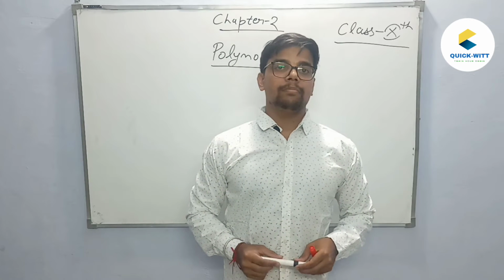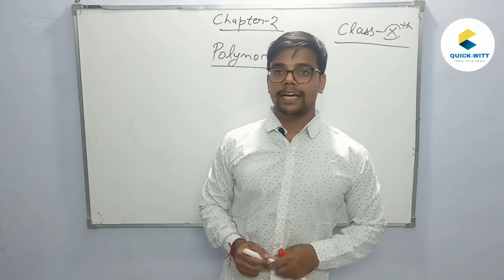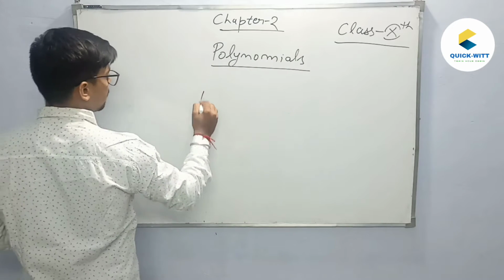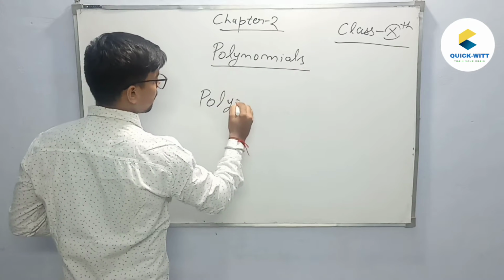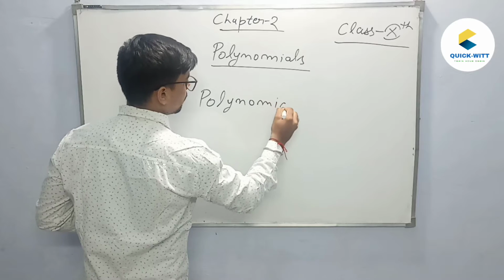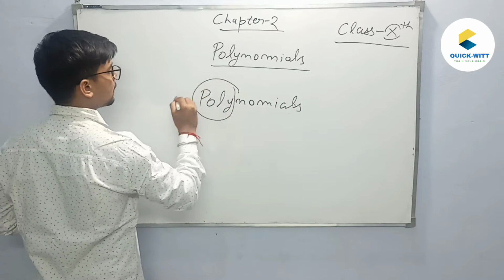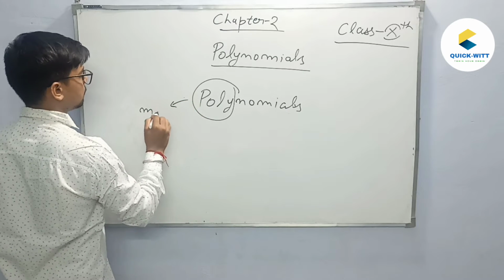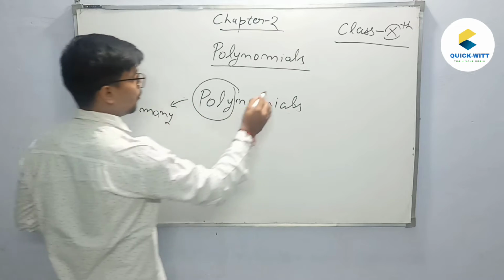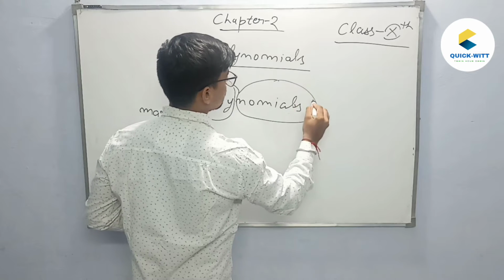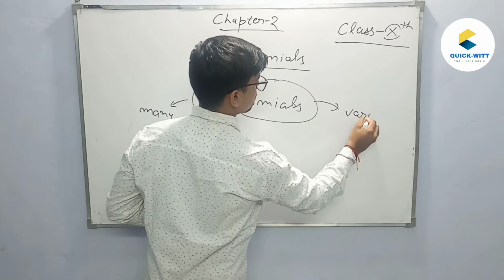Like you understand by the word polynomial, here poly indicates many and nomials indicates variables.